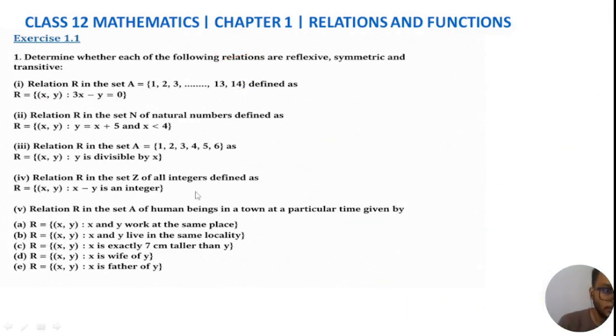Okay, so next question. R was given to have pairs (x, y) such that y equals x plus 5 and x is less than 4. For this I will give you what R will be, and you verify the other properties. How will R look here?